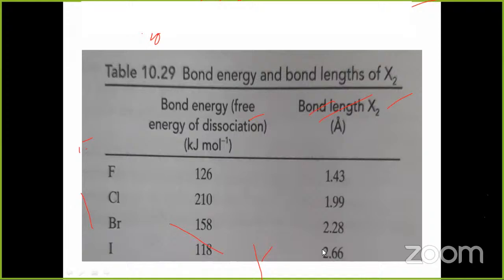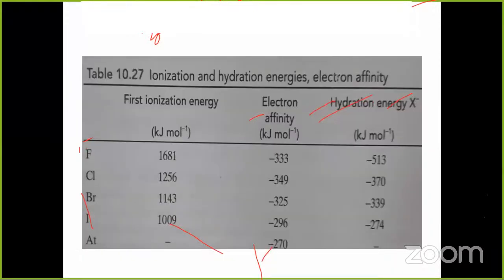So why does fluorine exhibit less bond dissociation energy? This is the most important. You see, I am telling here, now you see, this is fluorine.